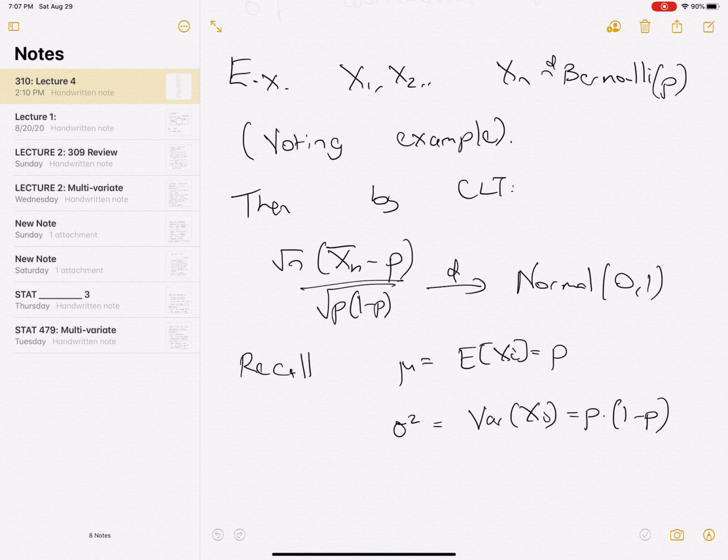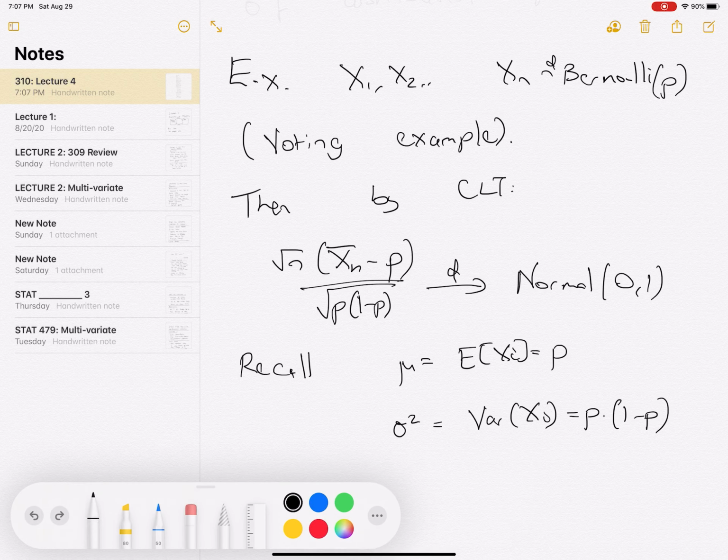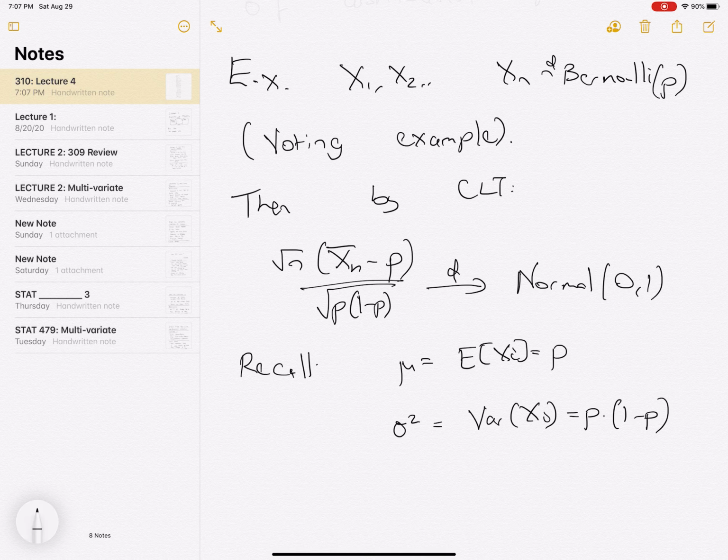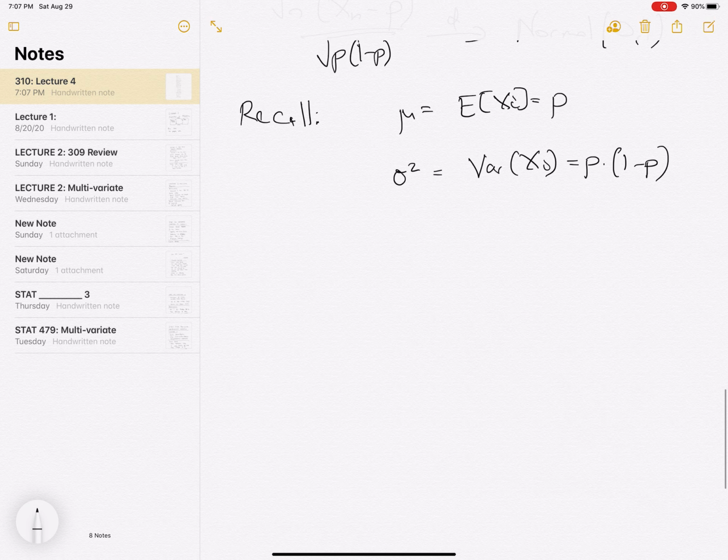And the reason that's true is recall that mu is equal to p, the expectation of xi, and sigma squared is the variance of xi, which is p times 1 minus p.